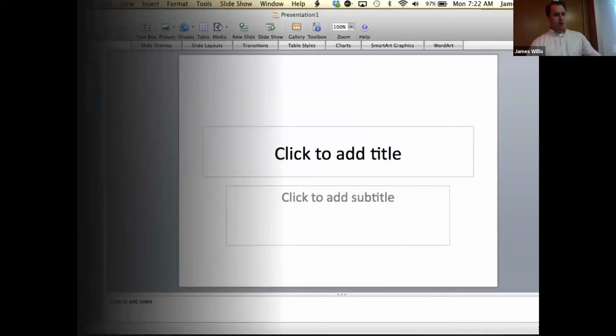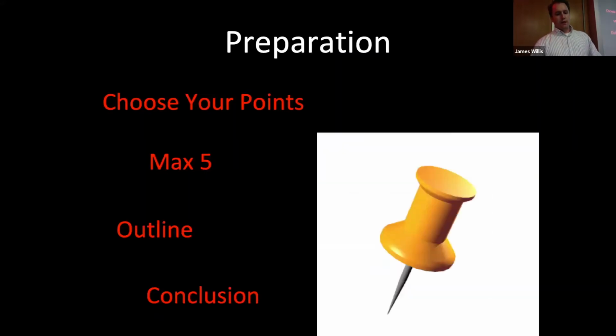And then we all start at this screen, staring at it, thinking about what we're going to do, what we're going to write, probably going off and doing a Google image search. That's something that wastes some time when you're making a presentation. But I'm going to give you some advice on where to start. I think starting with the conclusion, starting with what your learning points are going to be, is the best way to start.